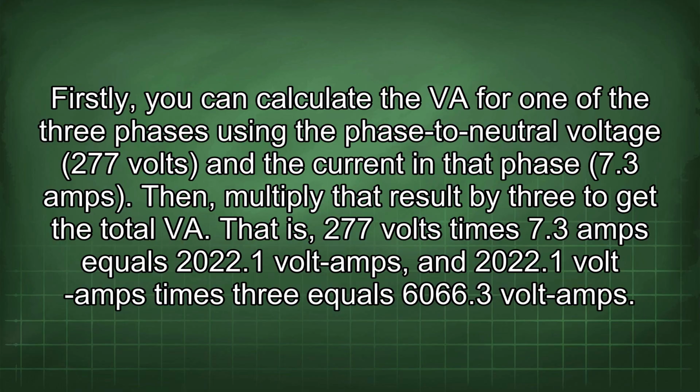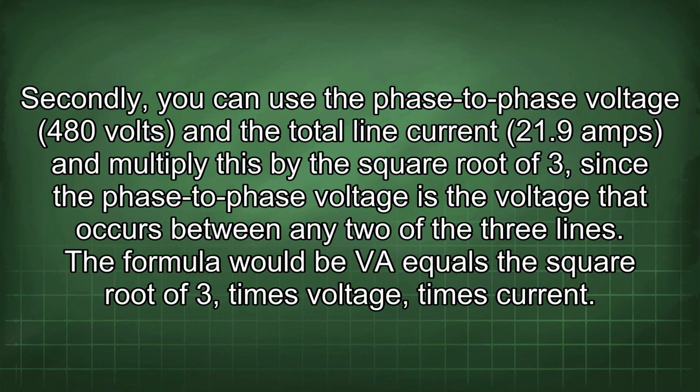Then multiply that result by 3 to get the total VA. That is, 277 volts times 7.3 amps equals 2022.1 volt amps, and 2022.1 volt amps times 3 equals 6066.3 volt amps.